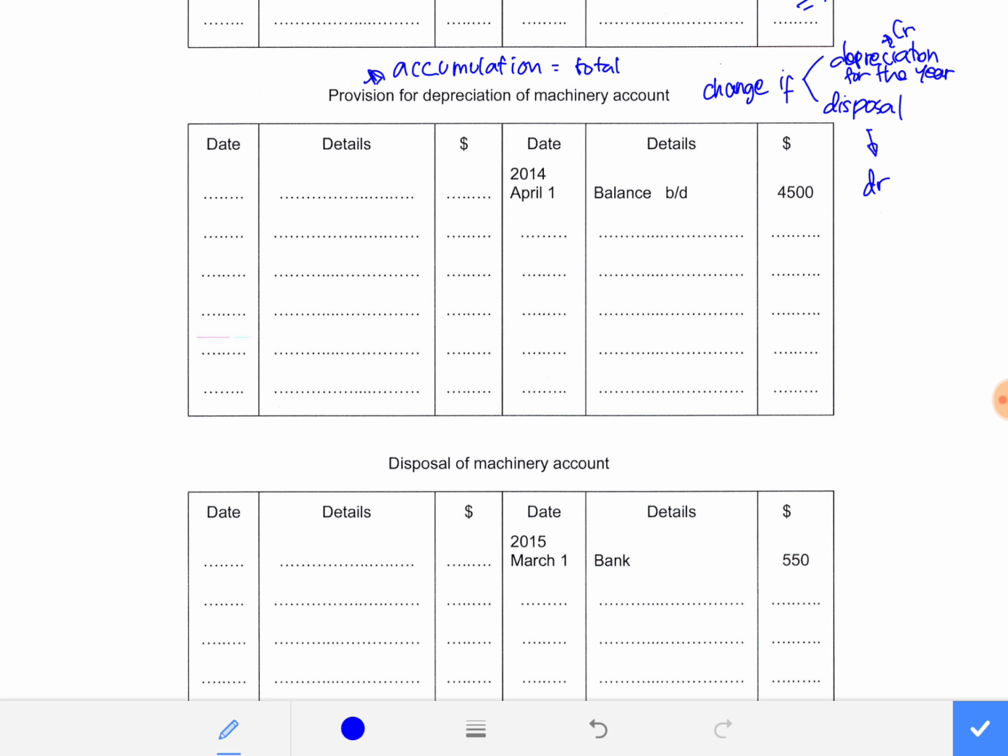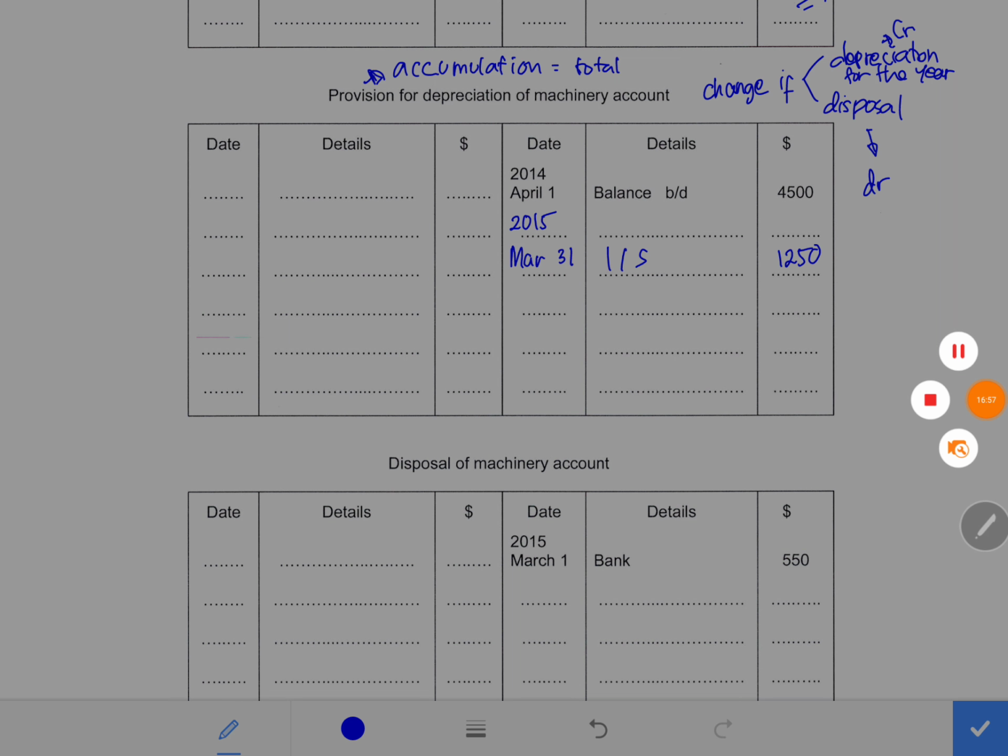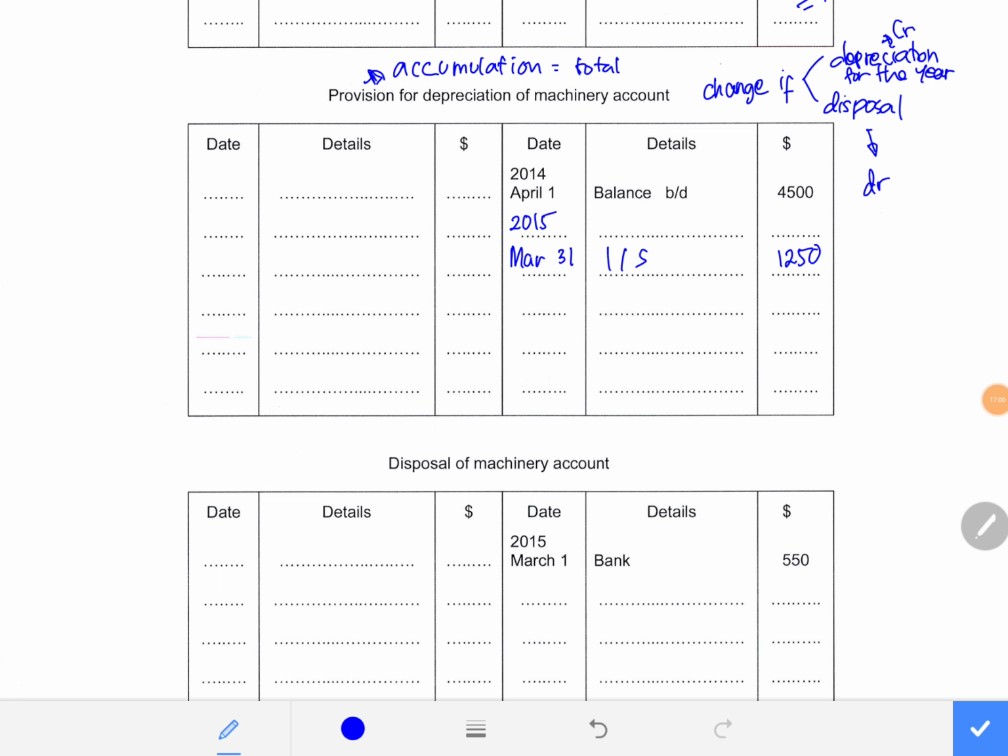So you already have depreciation for the year and it will be posted in the credit side, and you will record that in the details as IS. But the date is at the end of the accounting period, which is March 31. Details will be IS, and then the amount of depreciation is 1,250. After depreciation is done, then disposal.